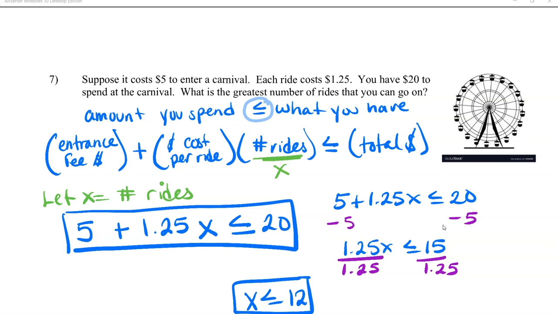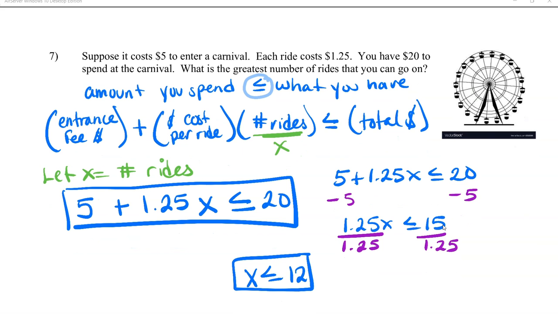So our solution is x has to be less than or equal to 12, which means at most you can go on 12 rides. Okay, so you can go on 12 rides or anything less than 12 rides.